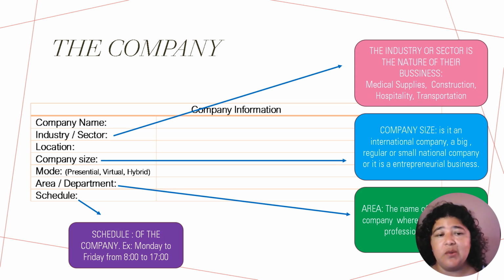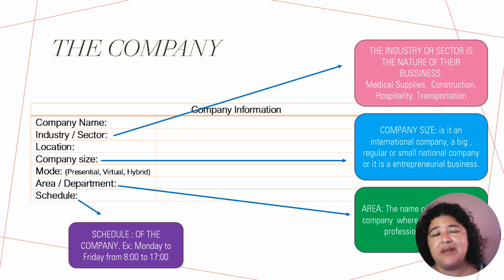The location: where is this company located, at least where you go to work. Or if you are in virtual work, what you can do is write the location of the main office that you link to, the one you provide the service, okay?